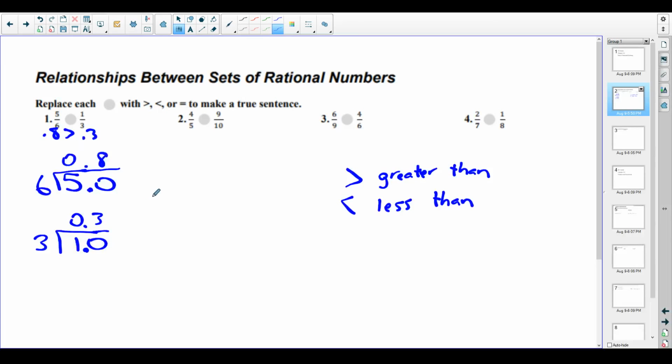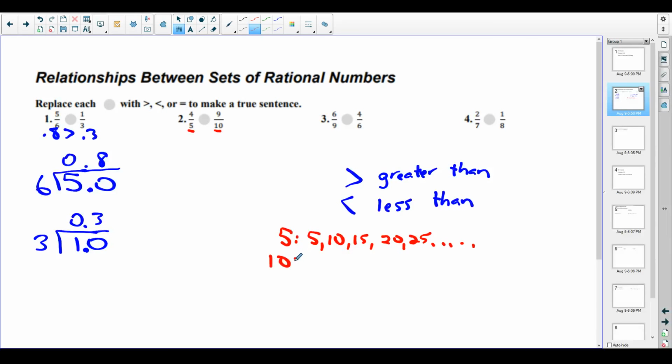Make everything into decimals. And this is the preferred way when we get later on when there's more than two numbers. But another way we can look at it is if we compare our denominators, if we can find a common denominator between them. So if we say, here are my multiples of 5: 5, 10, 15, 20, 25, and so on.